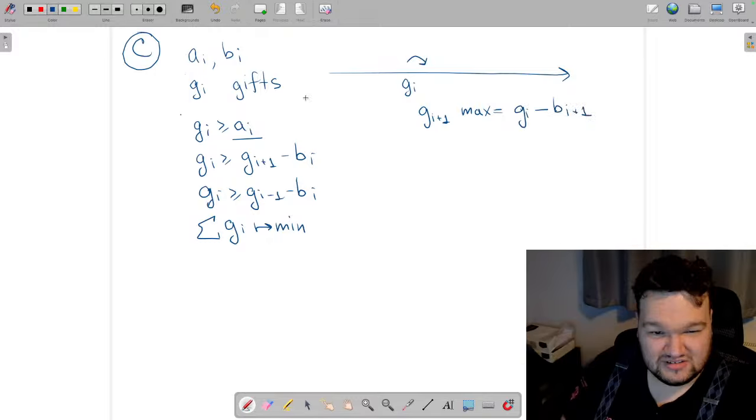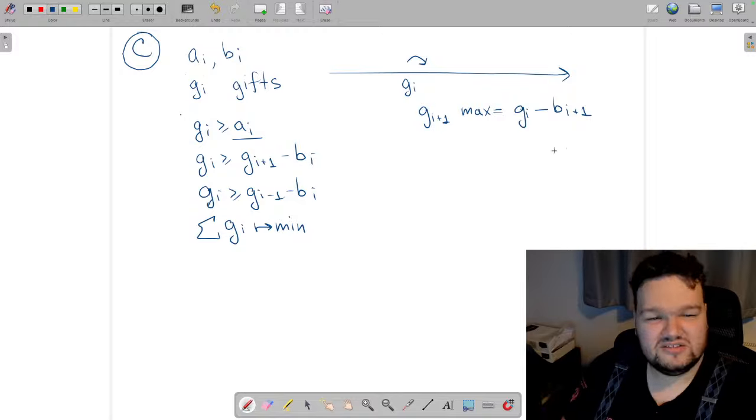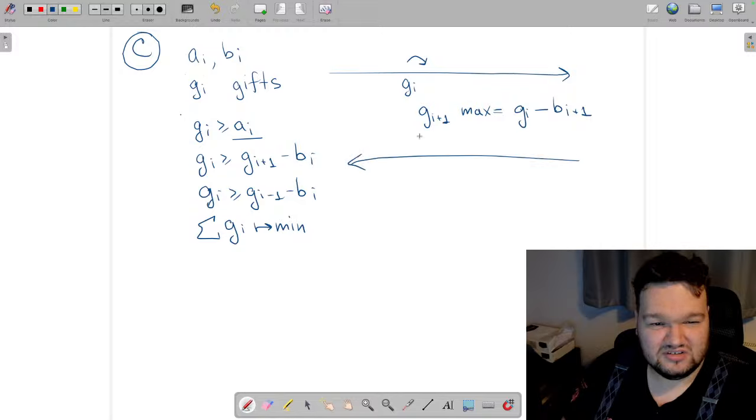Do that one from left to right. And then do similar from right to left, updating gi with gi plus 1.